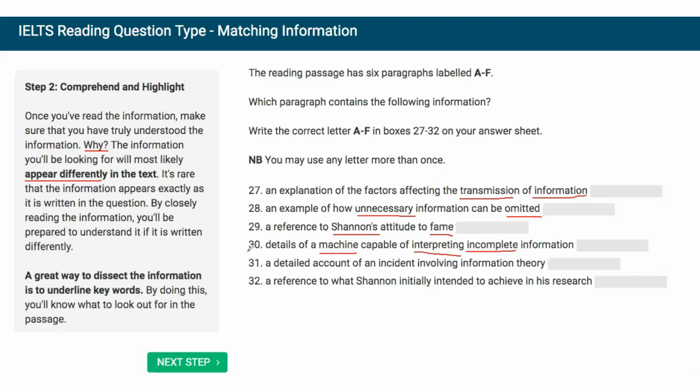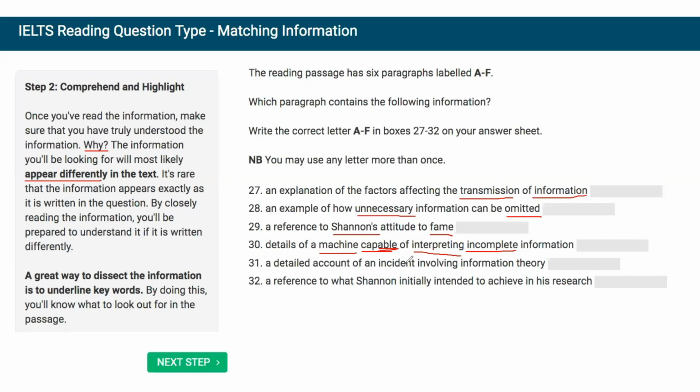Now, different ways to say interpreting, we could say understand, for example, or a different way to say incomplete is unfinished or not complete. You might also see here capable. You might also see this word listed as its ability, because if you're capable of something, you are able to do something. So always keep in mind that you can see certain roots or certain parts of words that might be used again.